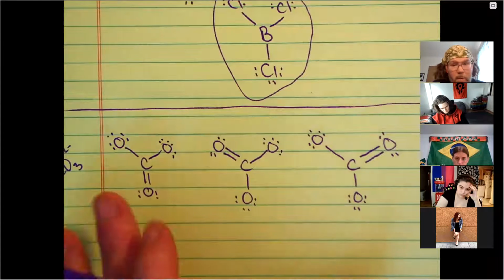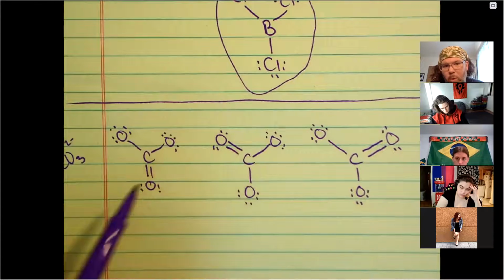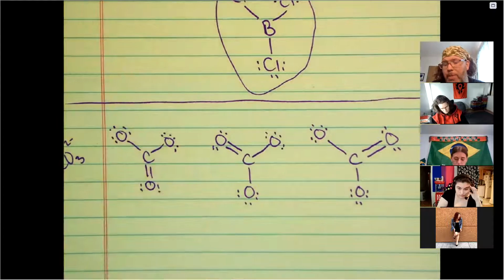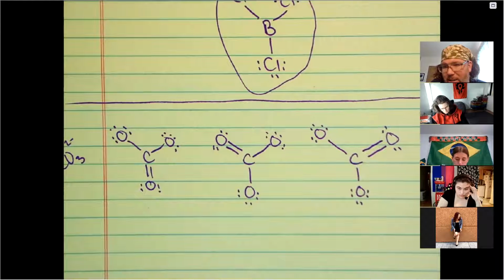So when I look at carbonate, what I see here is a double bond and 2 single bonds, right? There are actually chemical ways that we can check to see what kind of bond there is between 2 atoms in a molecule. The primary tool that we use is a measurement called bond length.